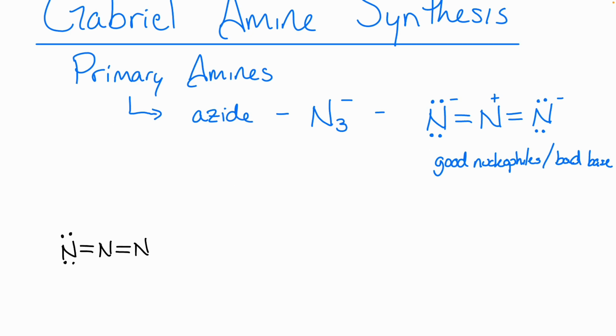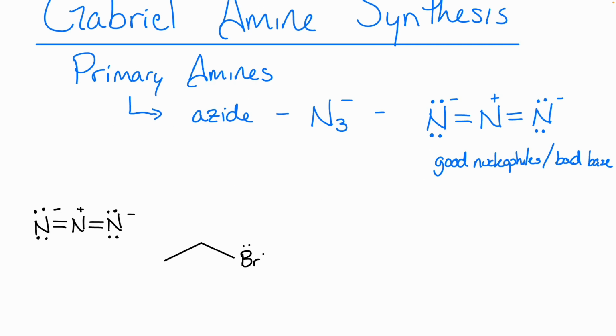All right, so let's take our azide ion. We're going to react it with an alkyl halide. We're going to get our substitution product.